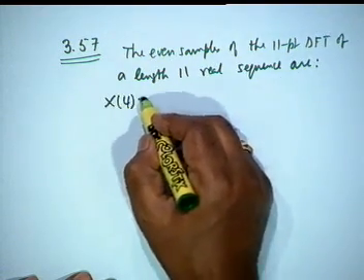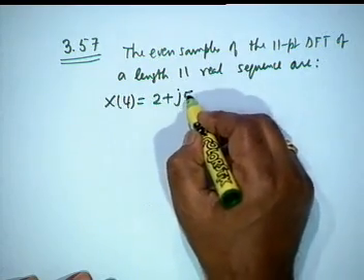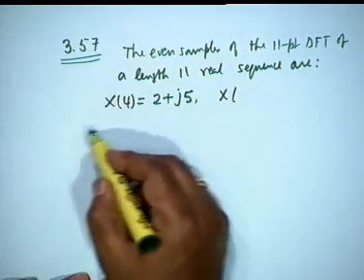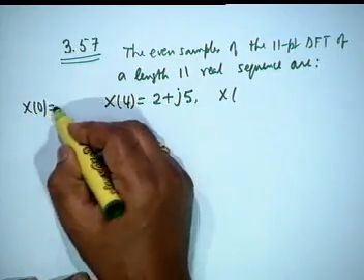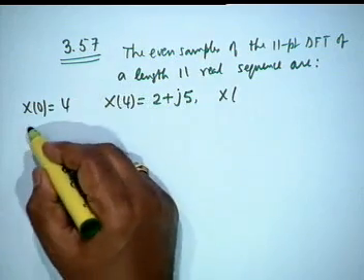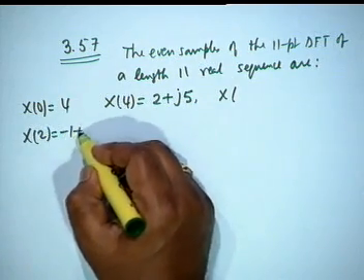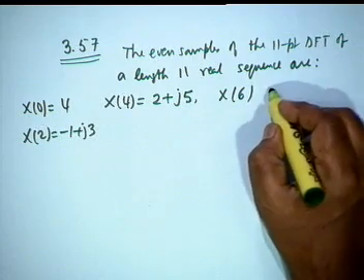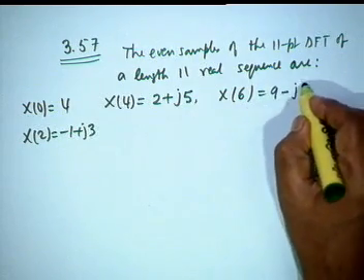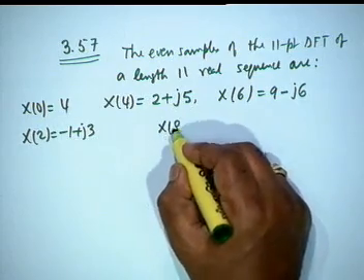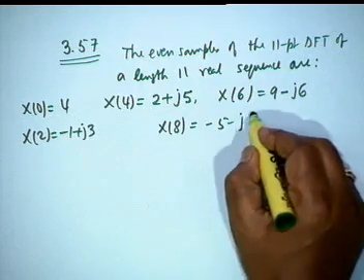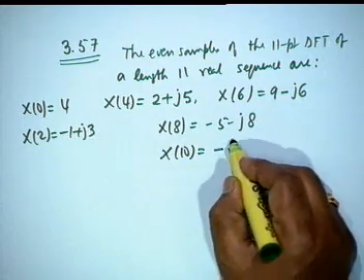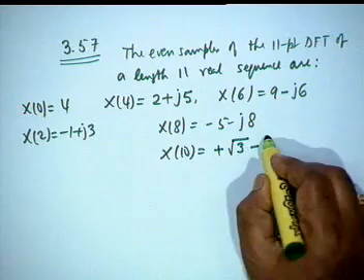x of 0 is equal to 4, x of 2 is equal to minus 1 plus j3, x of 4 is equal to 2 plus j5, x of 6 is 9 minus j6, x of 8 is equal to minus 5 minus j8, and x of 10 is equal to root 3 minus j2.